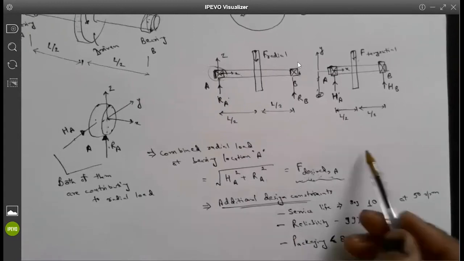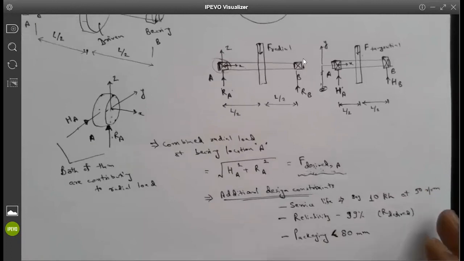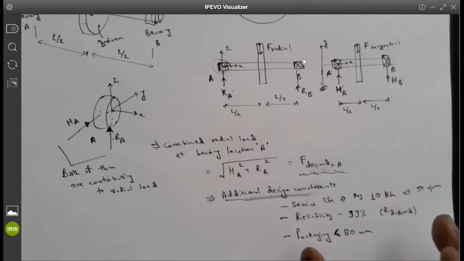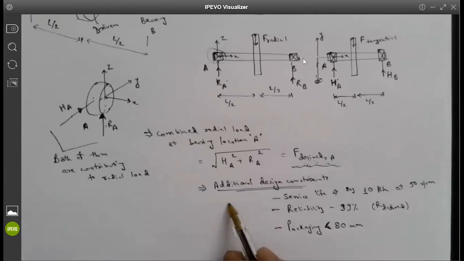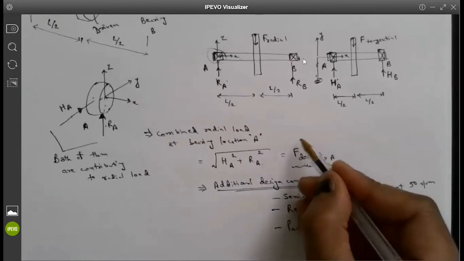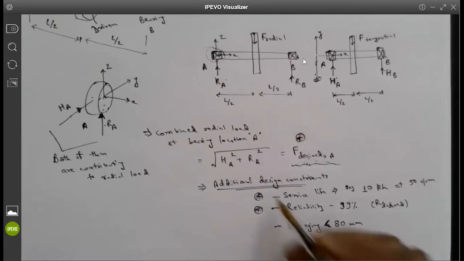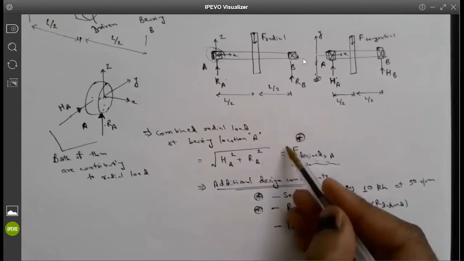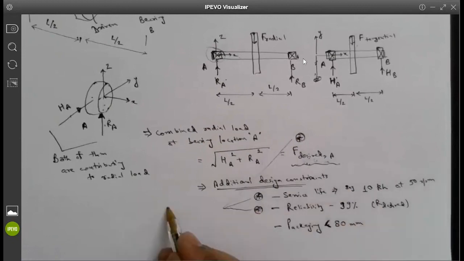So these are all the specific requirements that will be combined to get your C10 value. You take this one, this one, and this one, and you combine these three to find what your C10 value would be.